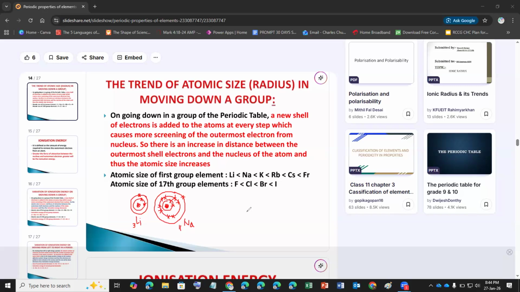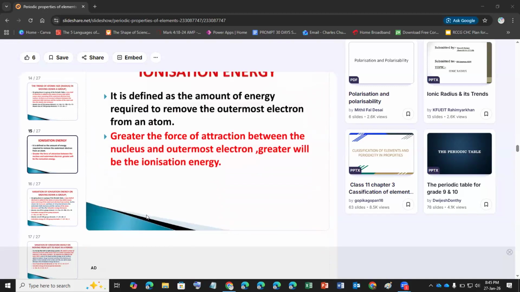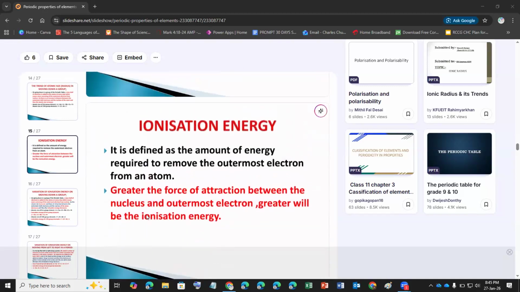All right. So let's quickly explain the other trends. Okay, so this one is ionization energy. And I think I've indirectly explained it because of that.